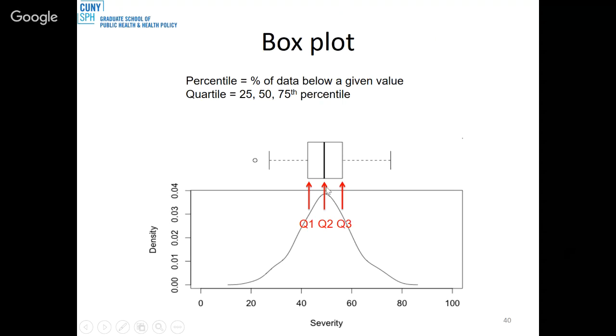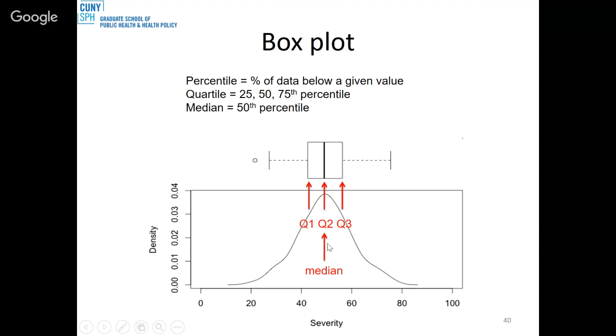So when we see this box, we know that half of the participants reported more than a 50 on this scale and half below 50. And we know that half of all of the people in the study, the middle half, reported pain between about 42 and about 58, something like that.